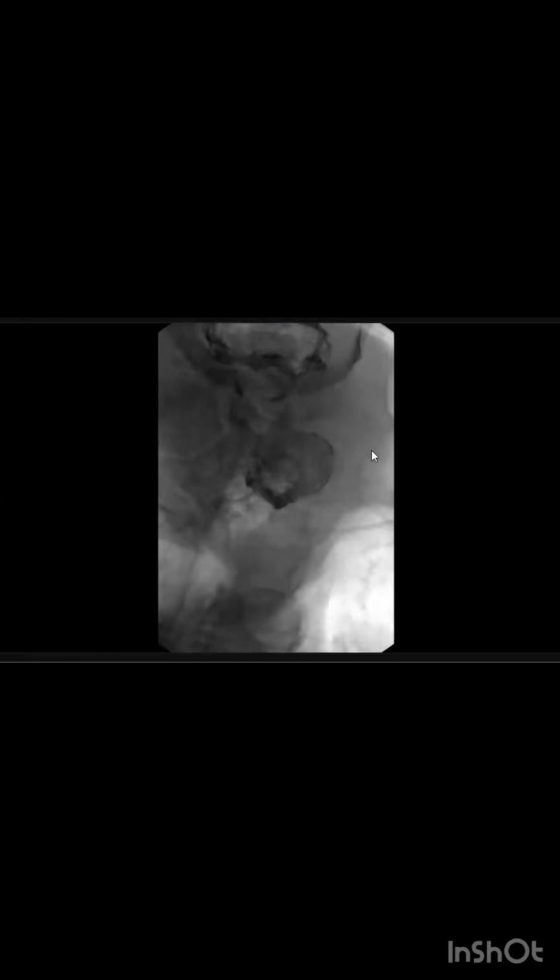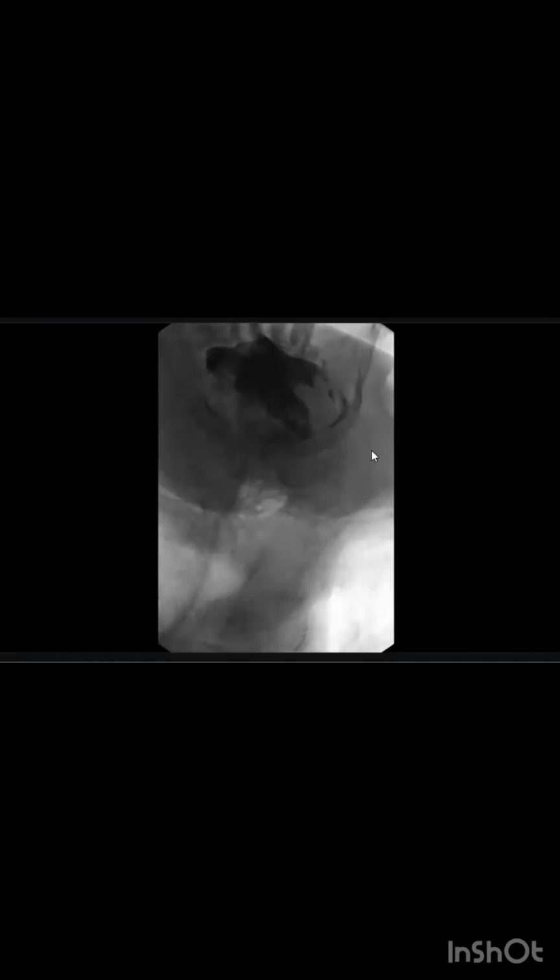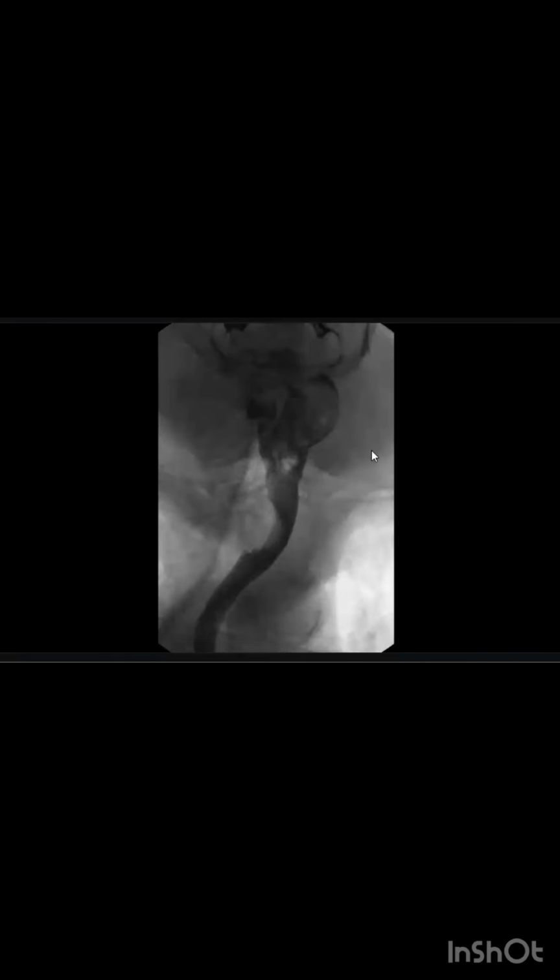There is passage of contrast distal to this diverticular outpouching, and there is no evidence of any stenosis or any features of aggressive lesions, and no mucosal irregularity could be demonstrated in the provided images. So this confirms the diagnosis of esophageal diverticulum, most likely Killian-Jamieson diverticulum in a patient with scoliotic deformity of the spine.